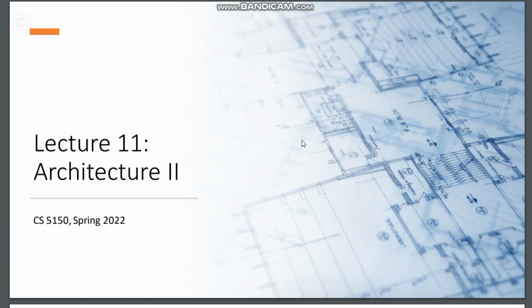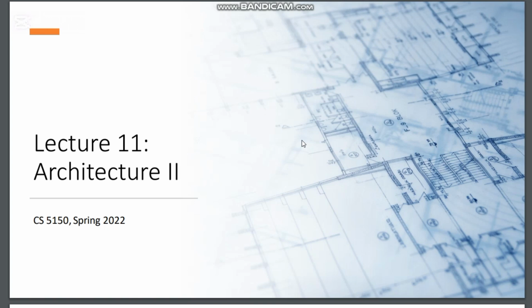So today we will discuss the 11th lecture, which is architecture part 2 of CS 5150. Here we will see different types of architectures, including the basic architecture, then the three-tier architecture, then its different styles and internal complexities.